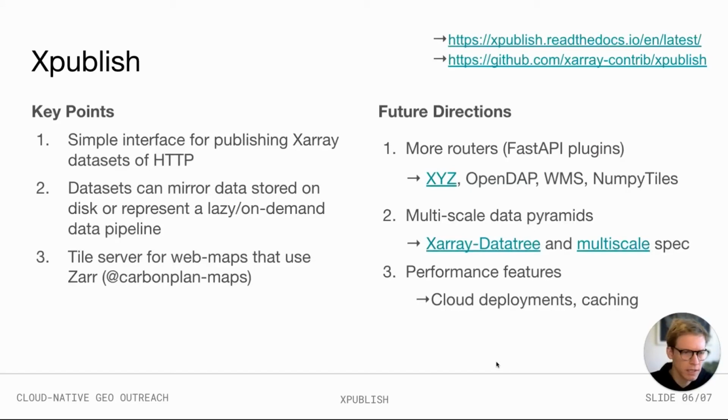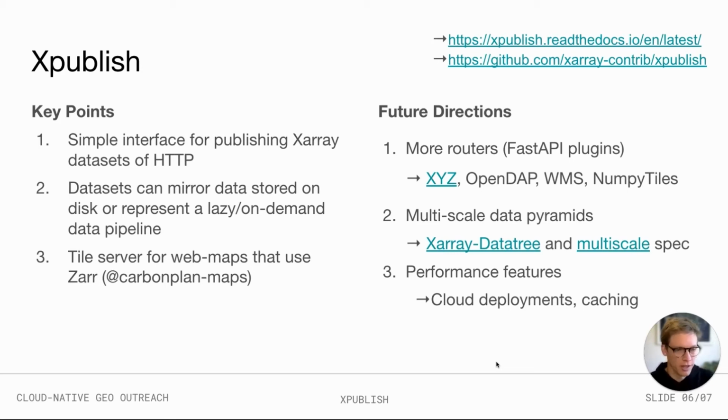So some key points here. The first is that Xpublish supports publishing Xarray datasets over HTTP. We use Zarr as the primary router, but additional routers can be added, and I'll talk about that in a second. One of the coolest things about this is this allows for the serving of on-demand data.